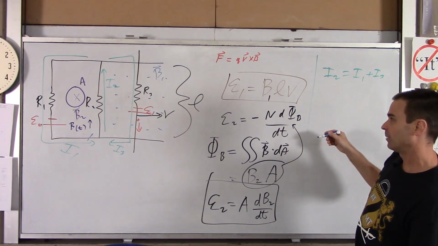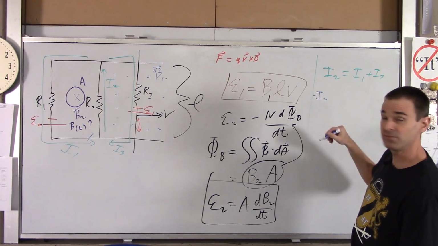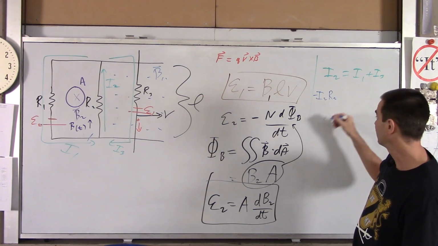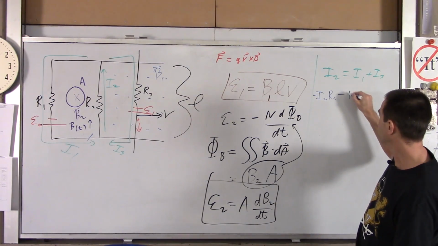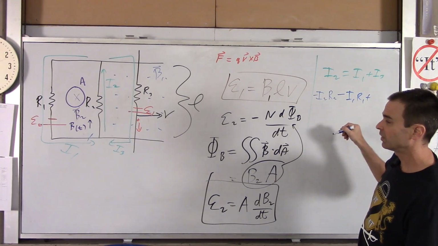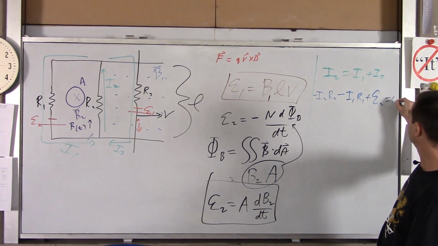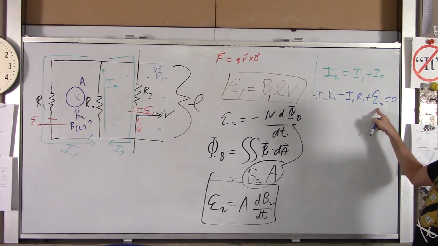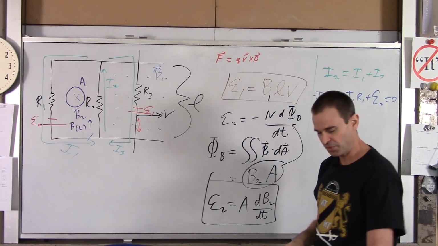You would write negative I2 times R2, that's the voltage drop that I2 encounters, minus the voltage drop of I1 going through R1, so minus I1R1, plus E2 equals 0. And E2, you got that down here, whatever that number was, you would just stick that right there. So now we got a second equation. We still have 3 unknowns, so we need a third equation.